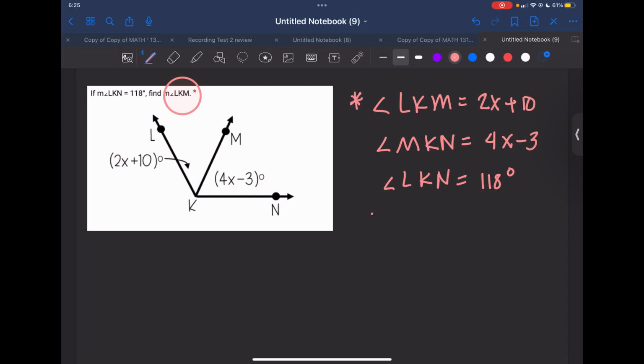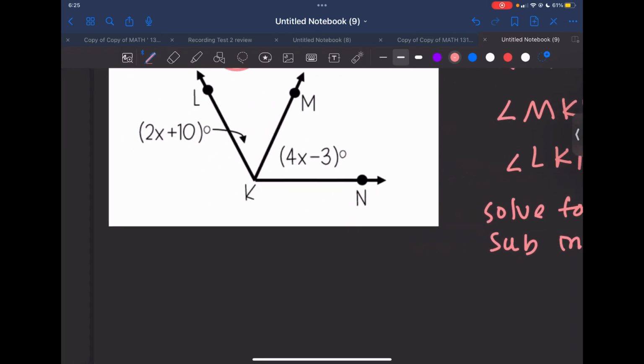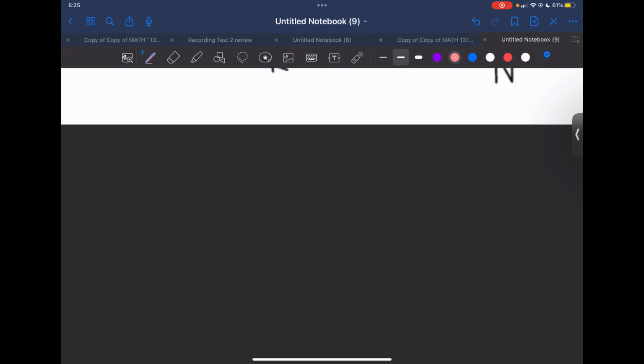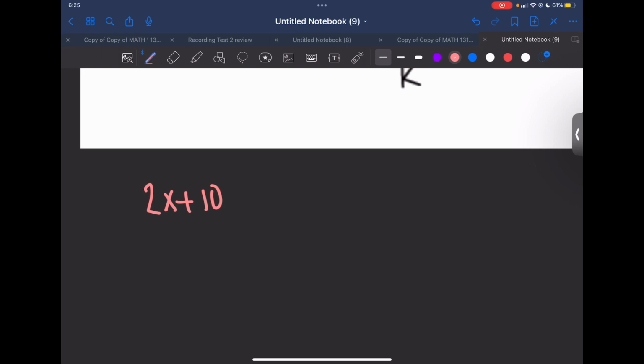So again, we're going to solve for x, then sub into angle LKM. Okay? All right. So 2x plus 10, I don't know why I always forget, plus 4x minus 3 equals 118 degrees.